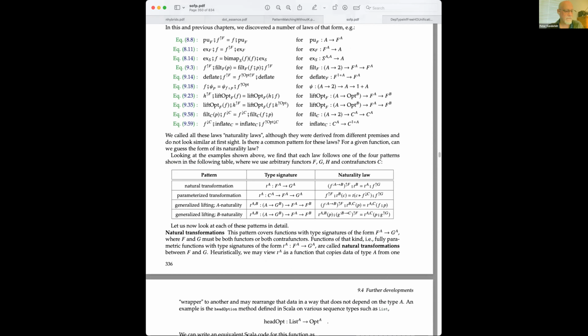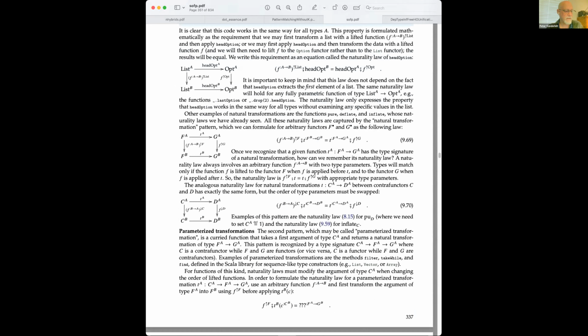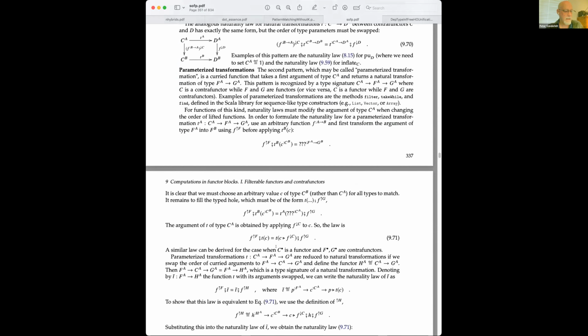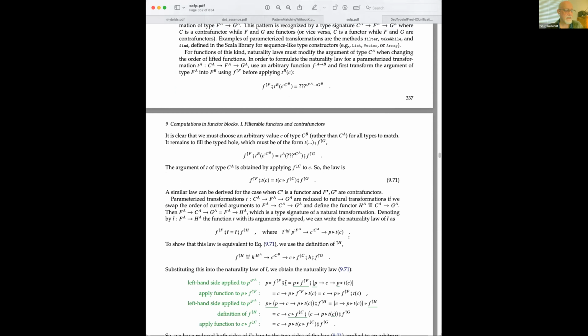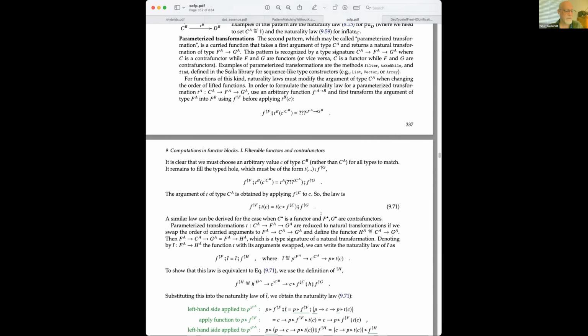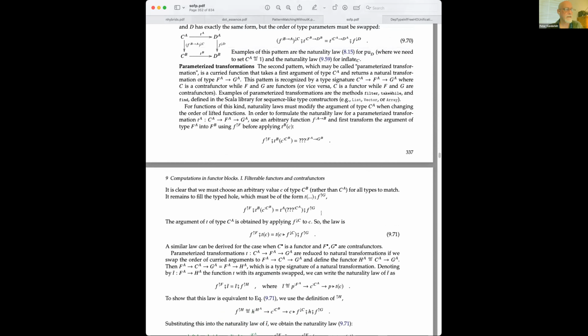One of the things he points out for parameterized ones is that you can basically turn them around.